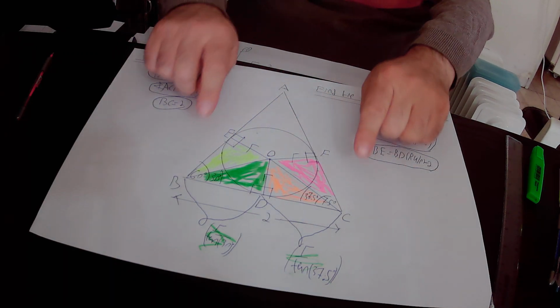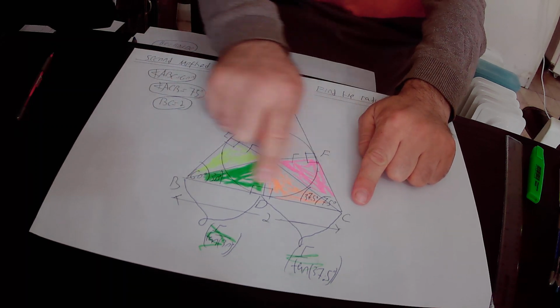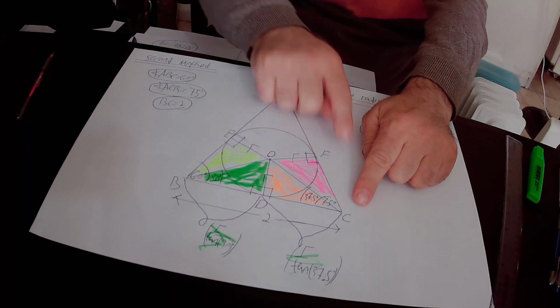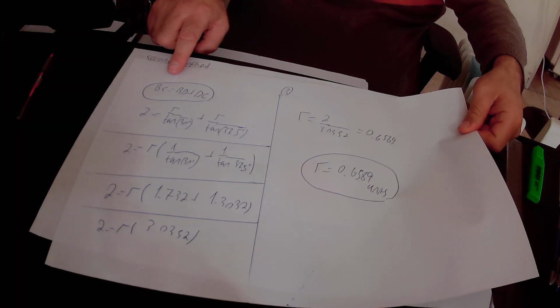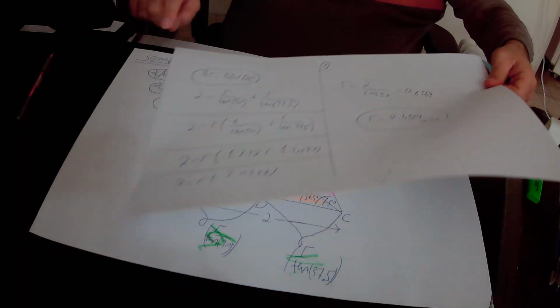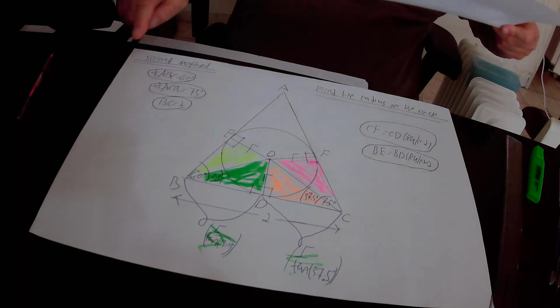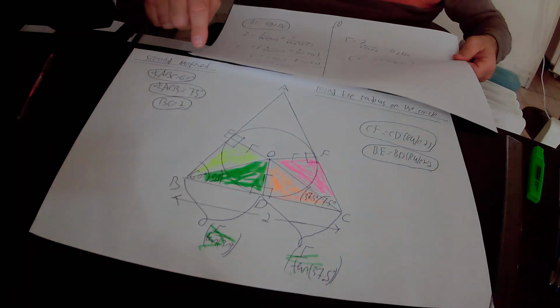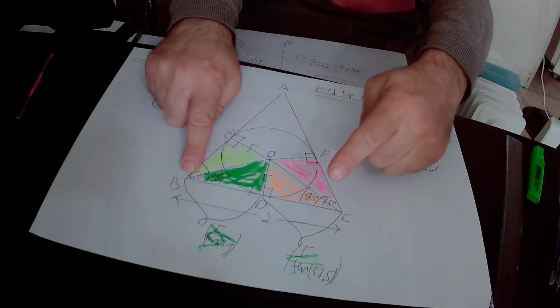From the drawing, it is very easy to see that BC equals BD plus DC. BC equals 2 according to what is given, so substitute BC by 2. BD is R over tan 30 degrees.